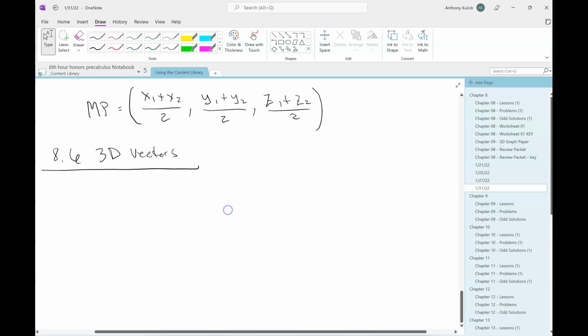So in 8.6, we talk about 3-dimensional vectors. And most of what we're doing in 8.6 is just redoing the terms, definitions, and forms that we had in the previous sections for 2 dimensions, just now in 3 dimensions.